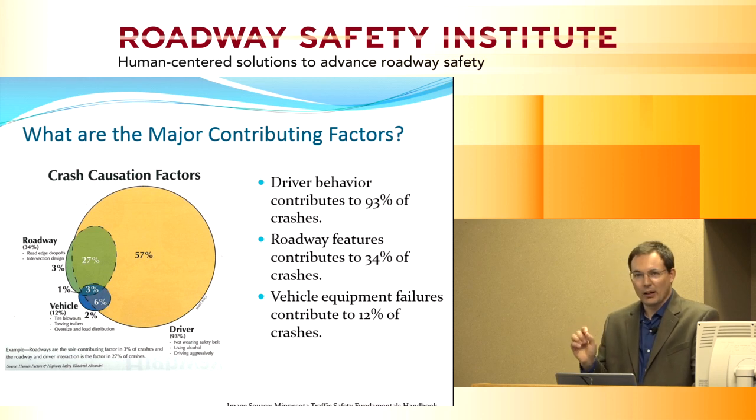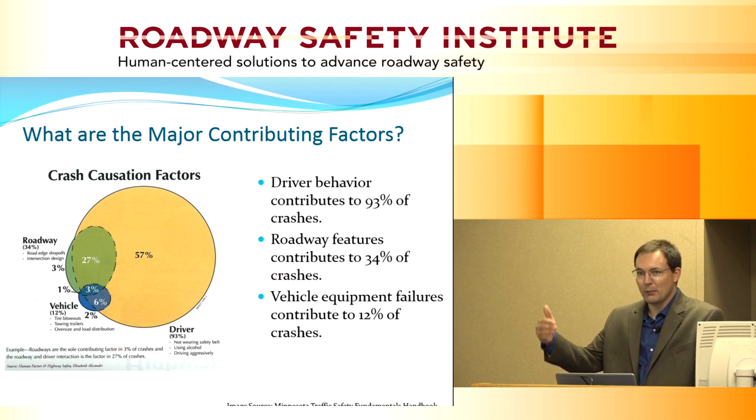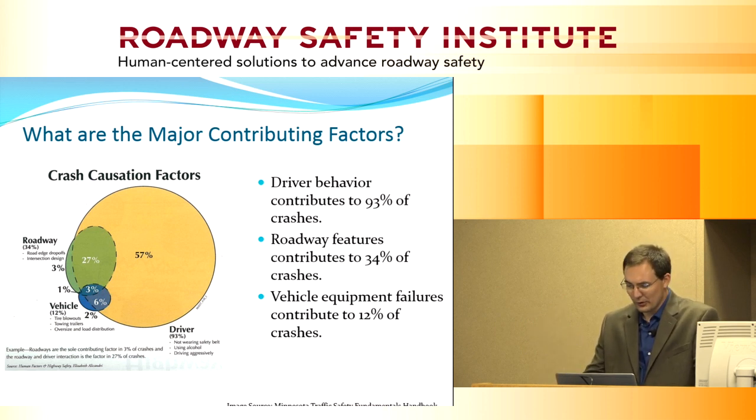I don't think it's saying that. I think it's saying that because 93% of the contributing factors are driver related, we need to design systems that are forgiving, and do proactive strategies, knowing that people will make mistakes, so we can do those strategies proactively today and prevent those crashes from happening in the future.